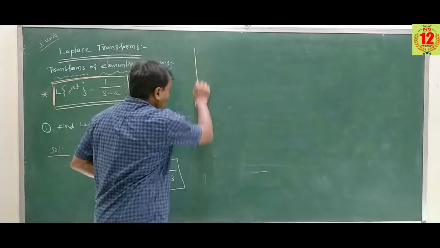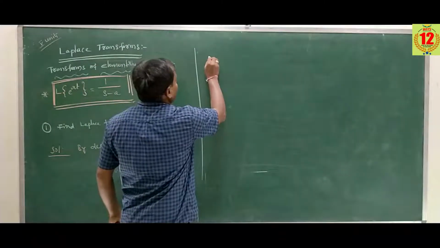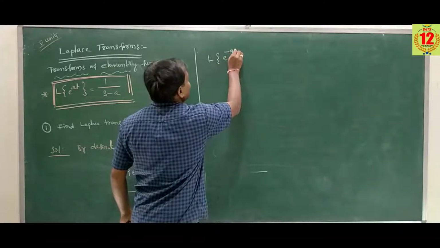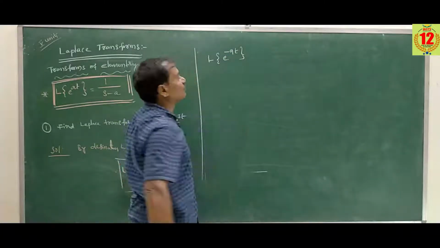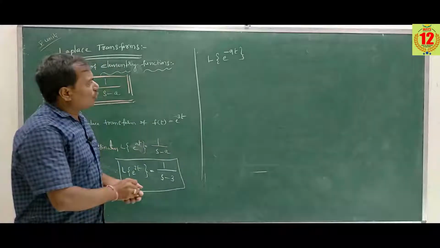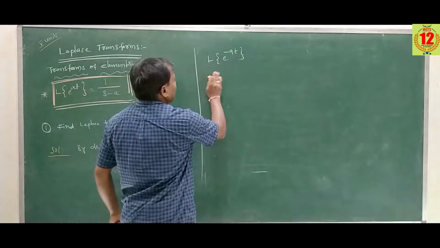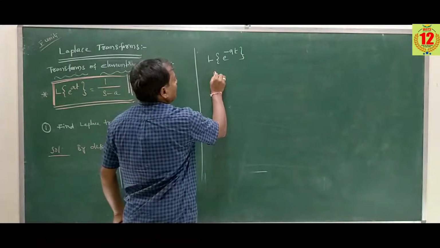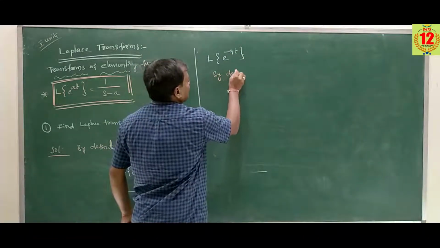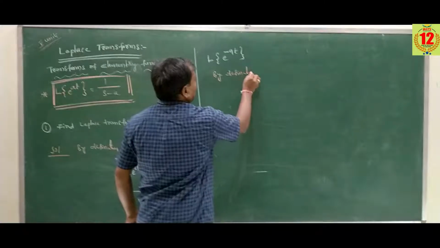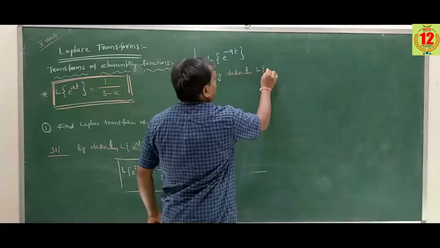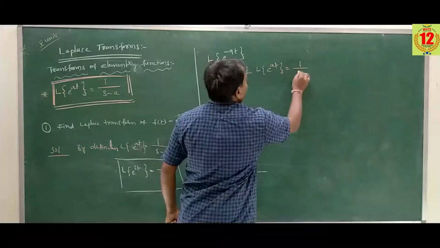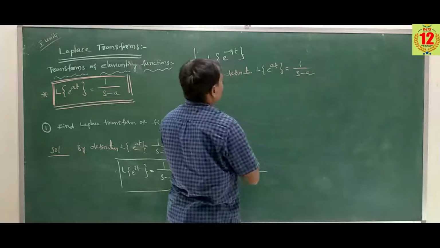We shall take one more problem. Find the Laplace transform of e power minus 9t. We know the elementary transform of f of t equal to e power at. By the definition, Laplace transform of e power at equal to 1 by s minus a.